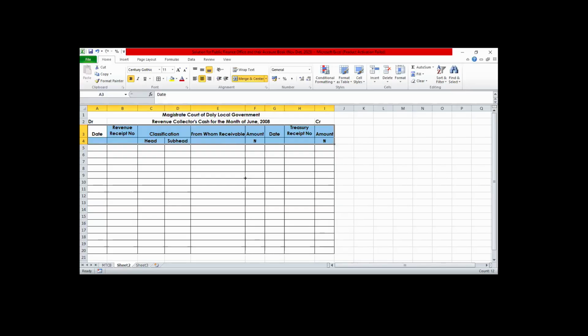Okay, let's now look at the information one after the other. How do we go from there? Now, the first transaction started on what date? 22nd of June, 2008. In the case where you have an opening balance, do you understand? Okay. It's going to be from the first day of that month, that is 1/6/2008.